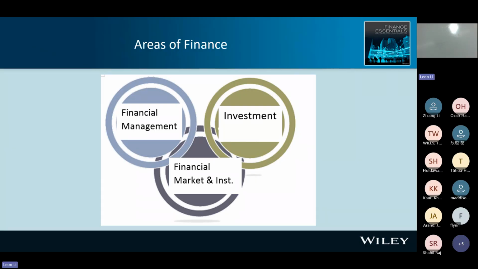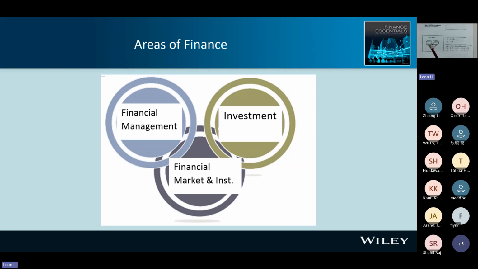On this slide, we show you the three areas of finance: investment, financial management, and financial markets and institutions. This is my idea to understand the three areas of finance. Investment is to deal with the decisions of investors, who are the money providers.